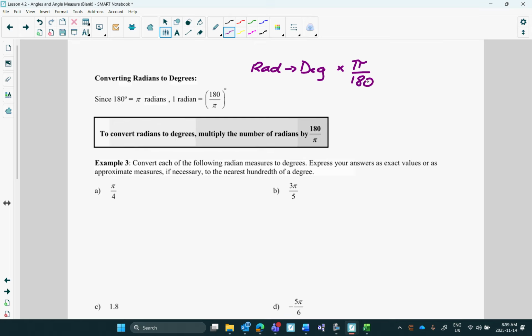Well, if you go degrees to radians, you just go backwards. And what's the reverse of multiplication? Division. So you divide by pi over 180, which is the same as multiplying by 180 over pi. Okay?